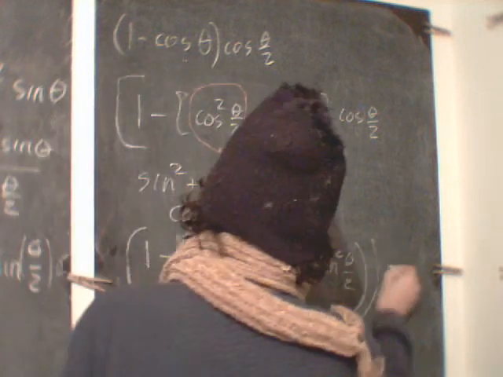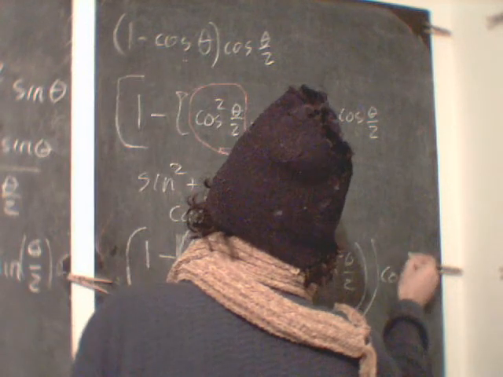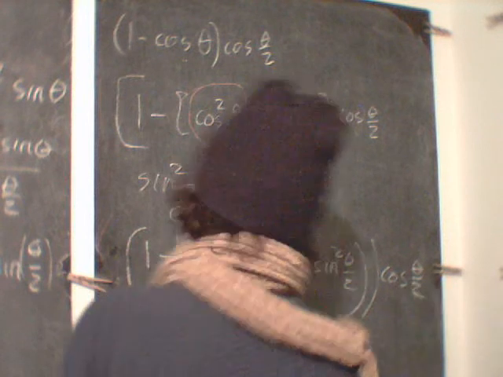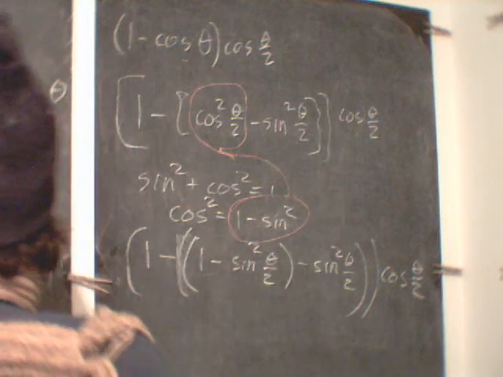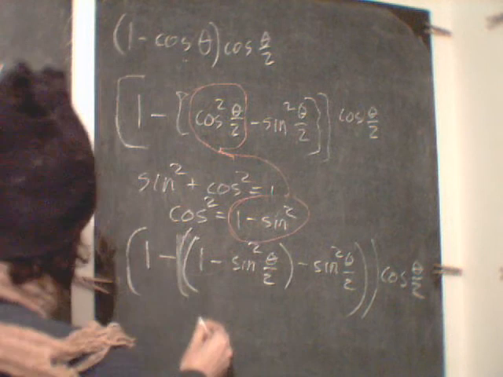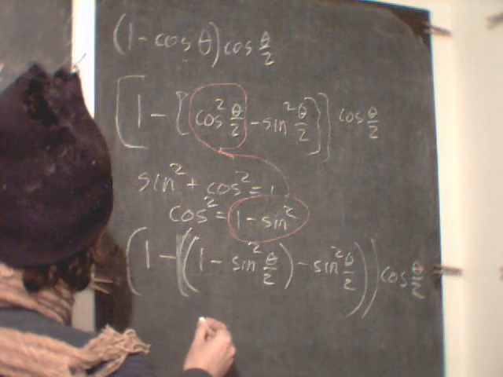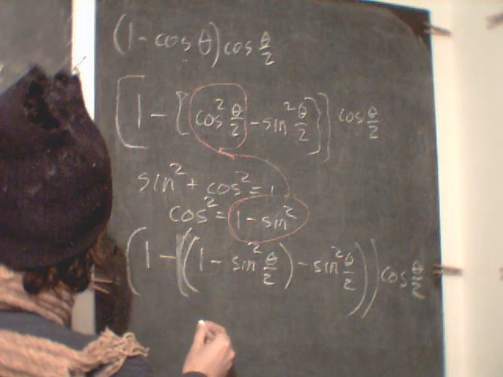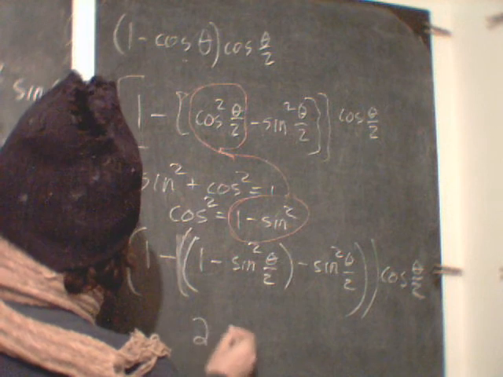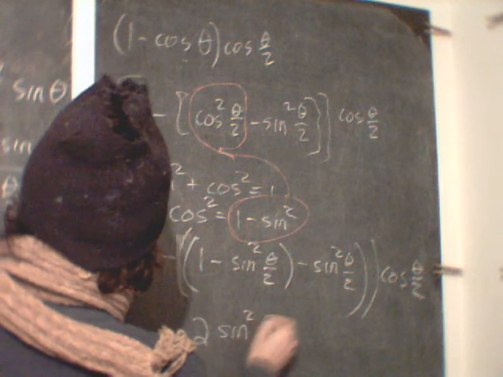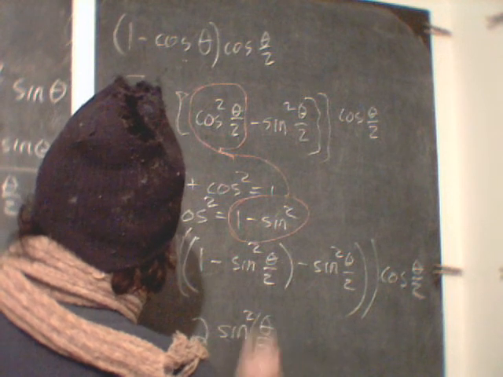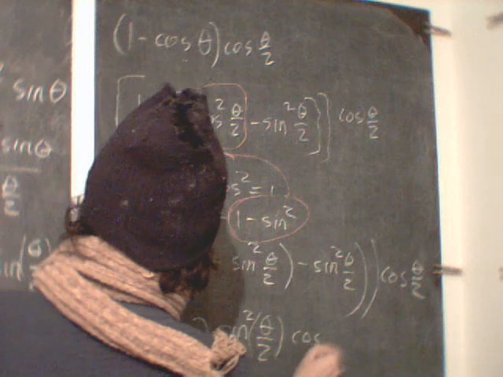So we get the cosine theta over 2 on the outside. So really, what we have is 2 sine squared theta over 2 times cosine theta over 2.